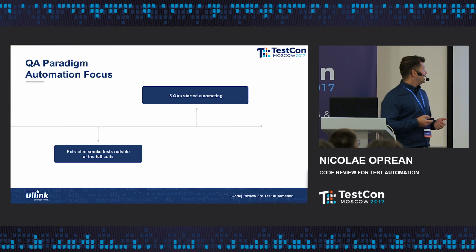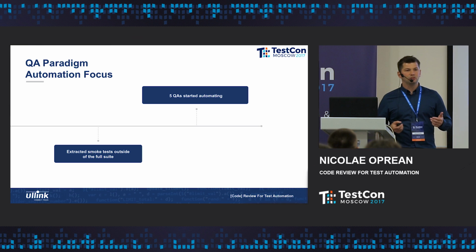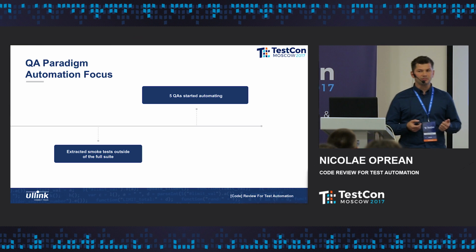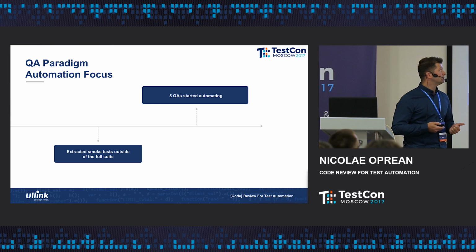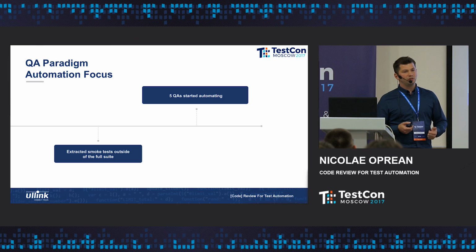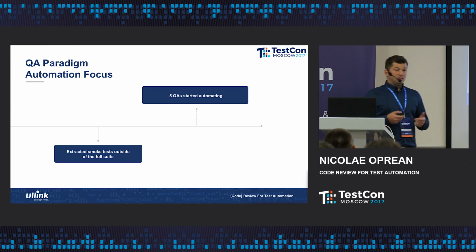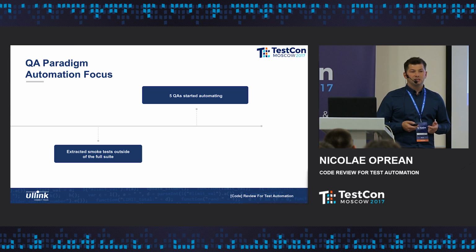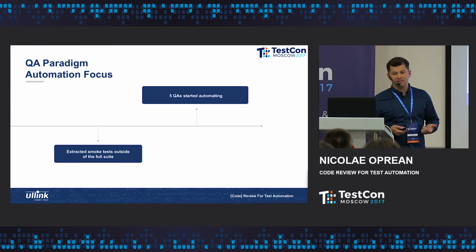We extracted a test set of 100 test cases, and we said, okay, let's start automating these test cases. Five QAs started automating those test cases. We had to build the framework, the common libraries, common functions, then the business library, and then the test cases themselves to automate them. What this brought to us was different programming styles, which led to a fragile and hard to maintain code base.